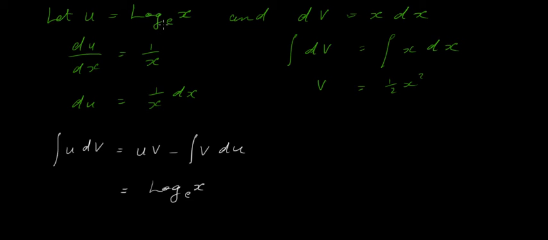And that's times v here, which is a half x squared. So all of this times half x squared here. So this is u times v, minus the integral of v, which is a half x squared, that's this bit here. And that is times du.